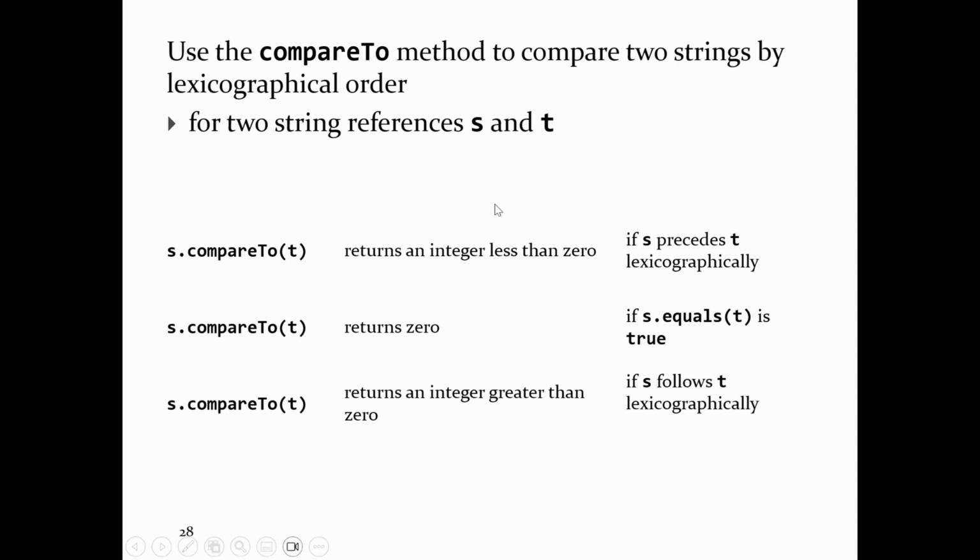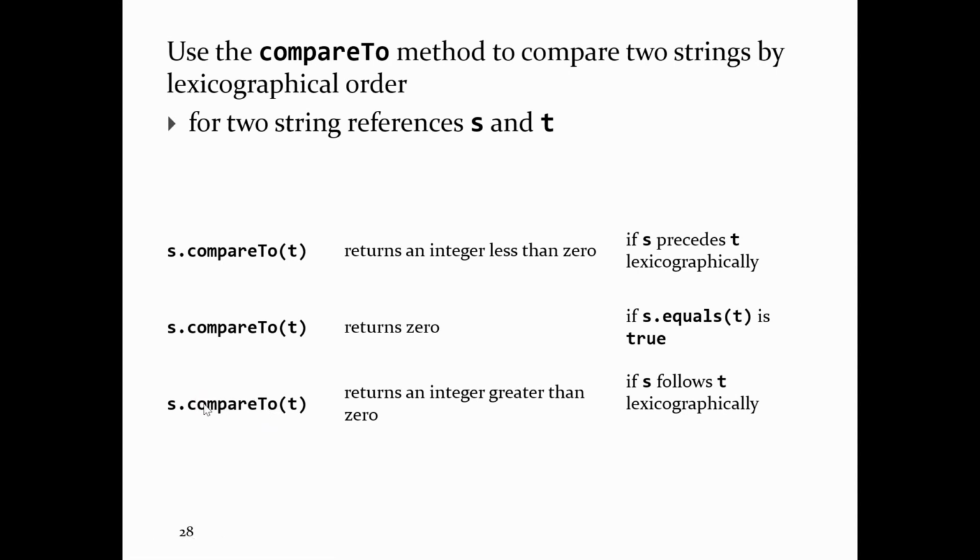If it returns a negative value, that means S comes before T in the dictionary. If it returns 0, that means S is equal to T. So if S.compareTo(T) equals 0, then that's the same thing as writing S.equals(T) returns true.